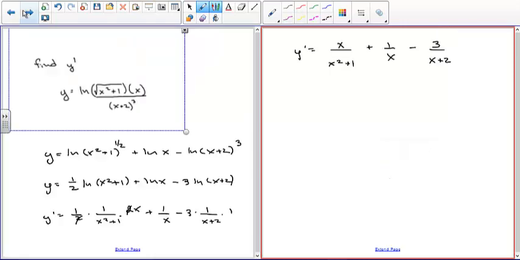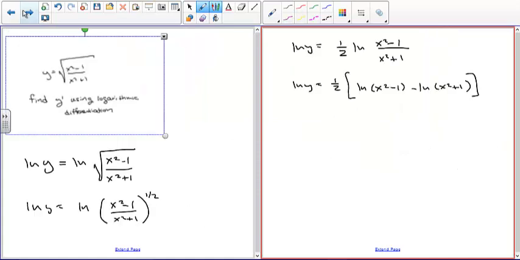So you should be able to do those two parts reasonably easily. And then remember, the implicit differentiation is going to give you 1 over y times y prime. So then you'll multiply both sides by y, and then you'll substitute in the original expression for y, which is up there, to get the whole derivative in terms of x.